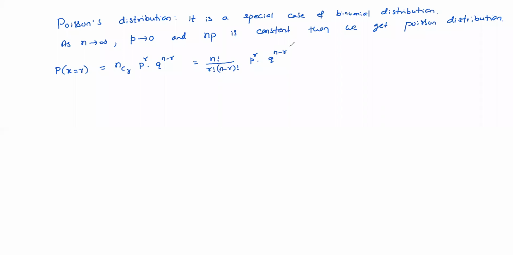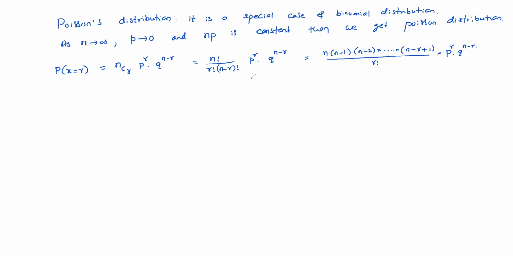Okay. See, n factorial by n minus R factorial is what? n into n minus 1 into n minus 2 into and so on, down to n minus R plus 1, divided by R factorial, which I will write as it is, into P to the power of R into Q to the power of n minus R. Okay, I think you understood this one.